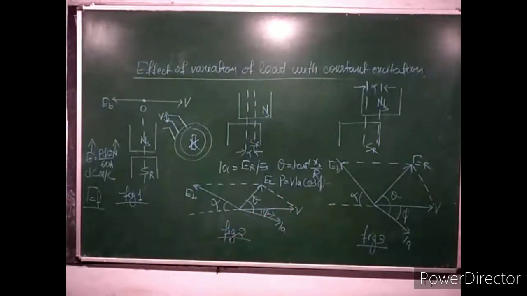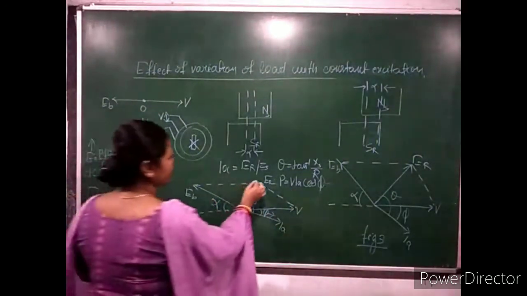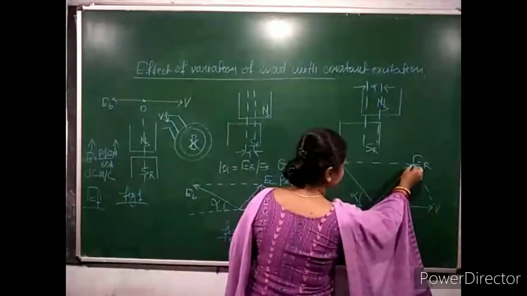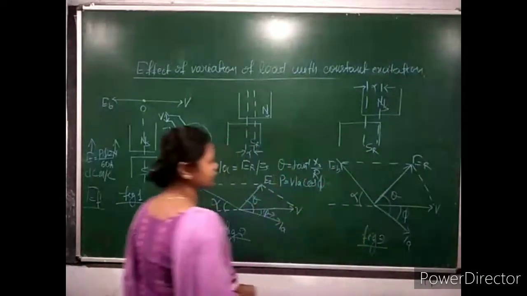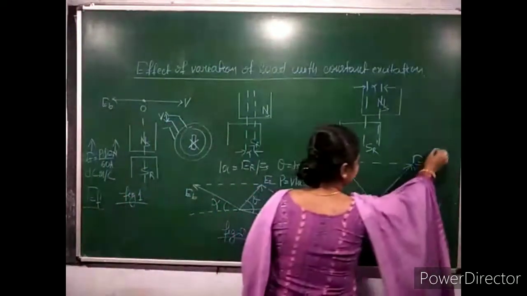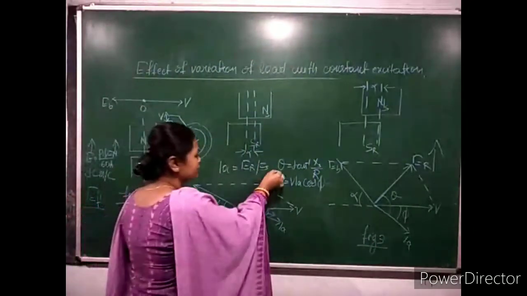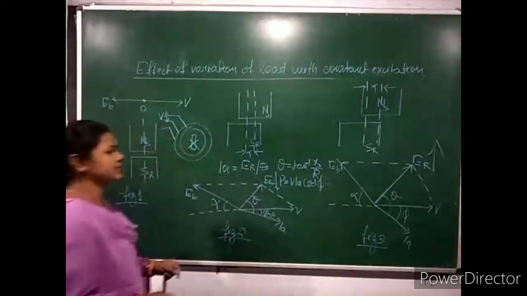If you see the phasor, this phasor is smaller than this phasor during on-load condition. So when it is loaded, the ER value increases. When it is lightly loaded, it decreases.